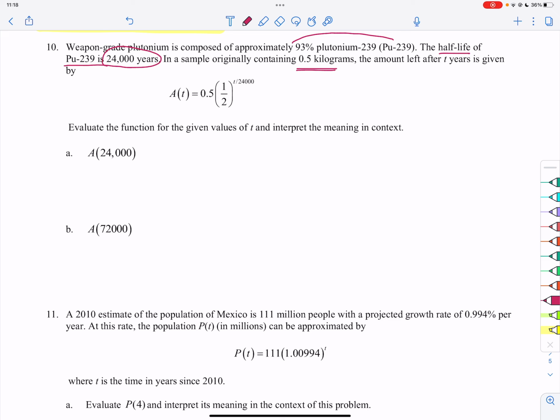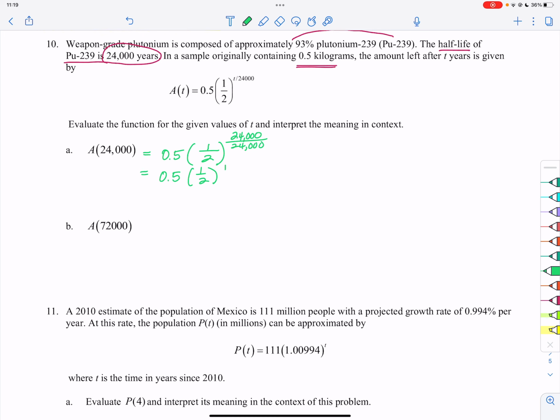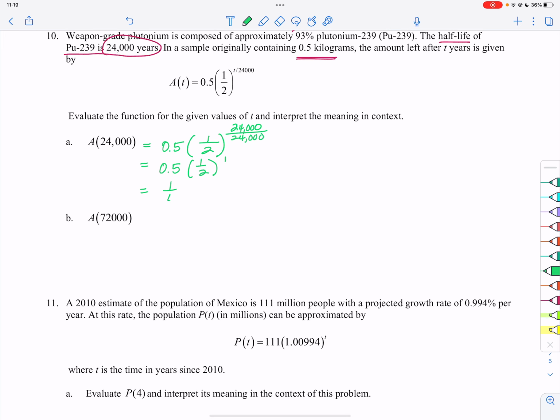So A of 24,000 is equal to 0.5 times 1/2 to the 24,000 divided by 24,000 power. And so, if you work this out, this is 0.5 times 1/2 to the first power, and we'll come up with 1/4.